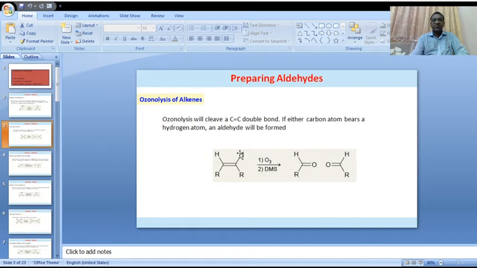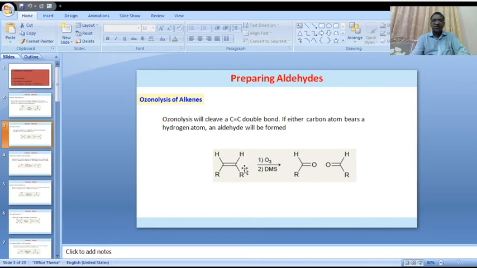If both the carbon atoms in the olefin starting compound bear alkyl groups, in that case you will get ketones.